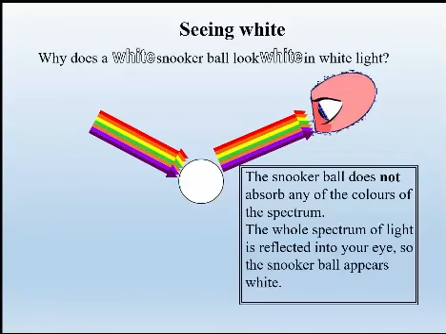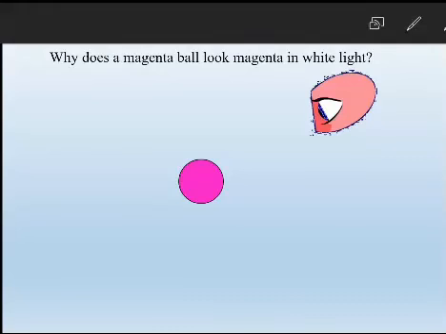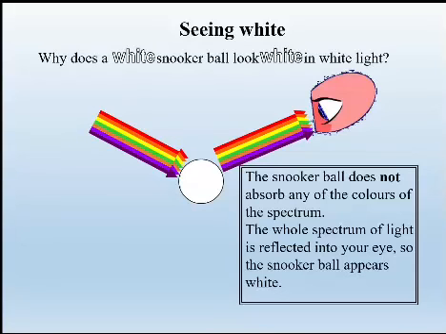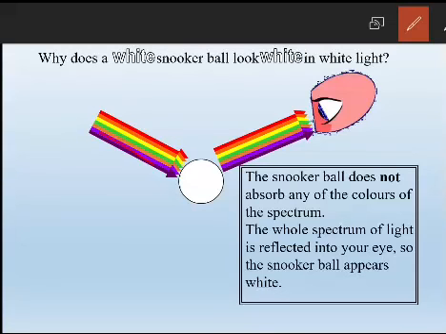So, the whole spectrum, all these 7 colors, are reflected as they are into our eye. When all these 7 colors come together, they generate a white color. In that way we can see the white ball as white in white light.